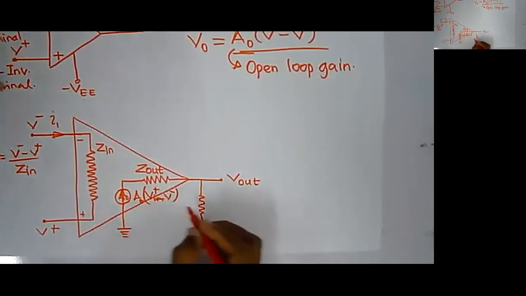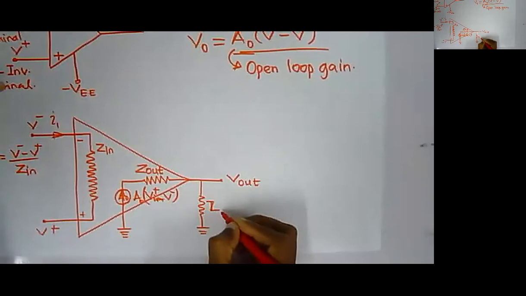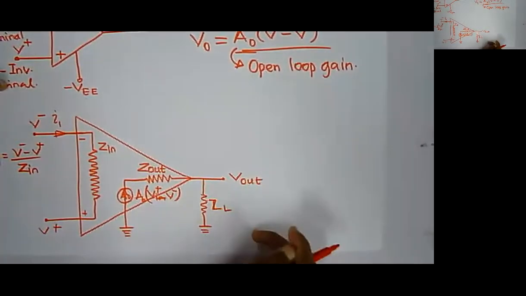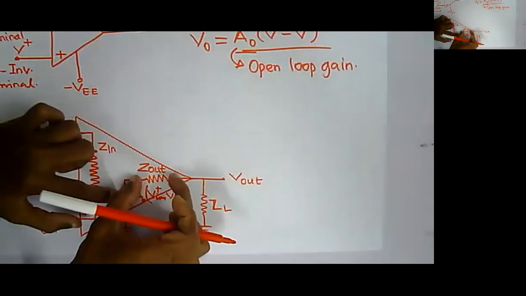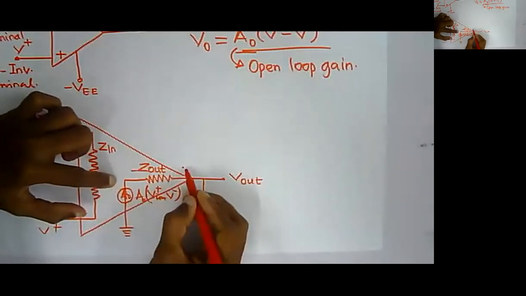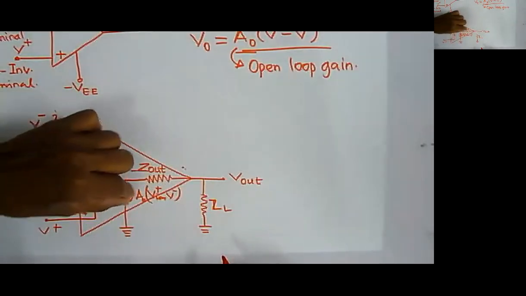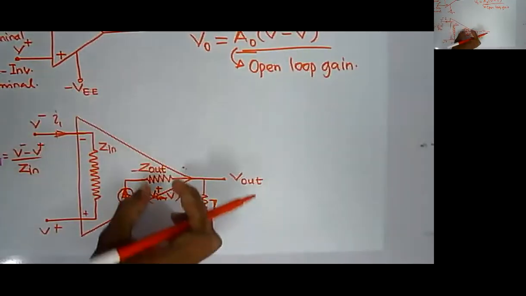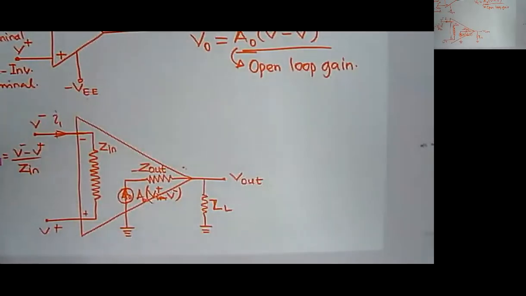Whenever you apply a load resistance ZL, a part of the voltage will be dropped across the output resistance.